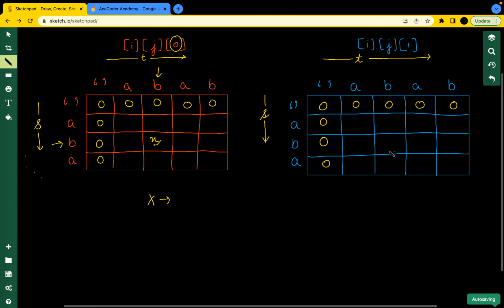Similarly, when we are standing at this index for the other matrix, their difference will be 1.